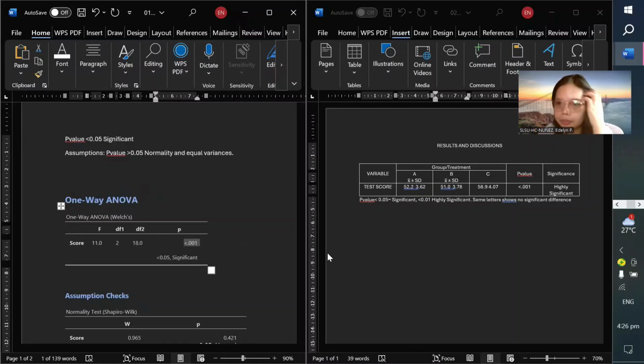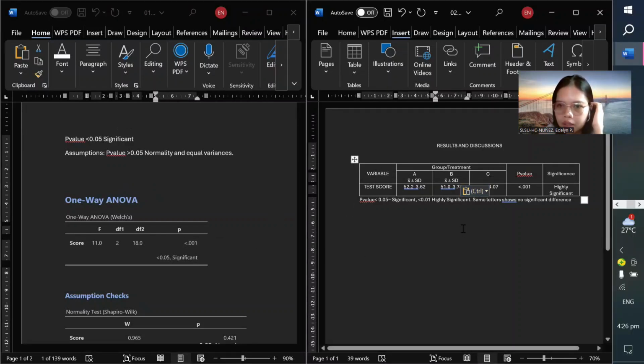So we have here the table I made earlier, but I was not able to record it. We have 5 columns. Variable, the test score. This is the dependent variable, and then the group treatment. This is the independent variable. We have the A, B, C, and then the p-value, then the significance.